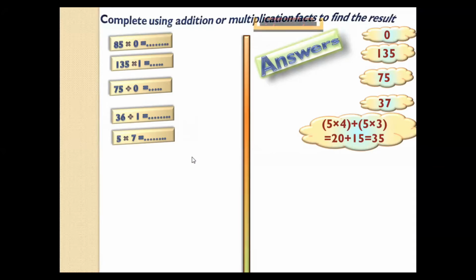We can break apart 7 into two smaller numbers, 4 plus 3, and then we will multiply 5 by 4, and then we will multiply 5 by 3 and get the sum of these two products. 5 by 4 equals 20, and 5 by 3 equals 15. Then we add these two products to get the product of 5 by 7. So 5 by 7 here equals 20 plus 15, which equals 35.